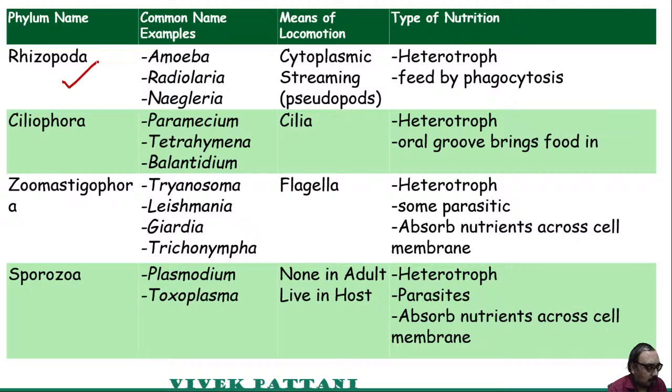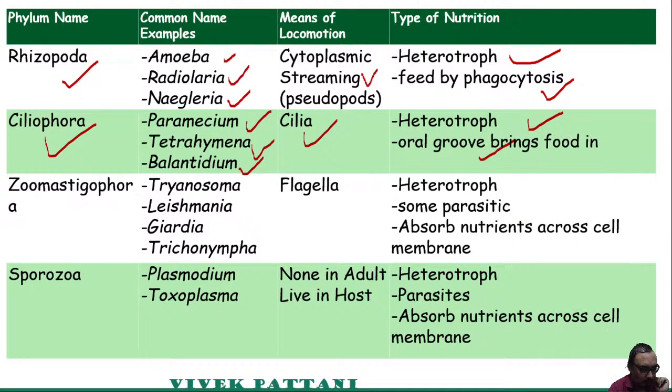Starting with the first phylum, Rhizopoda, some examples are amoeba, radiolaria, and Naegleria, and the means of locomotion is basically cytoplasmic streaming. Now moving forward with the next one, Zoomastigophora.